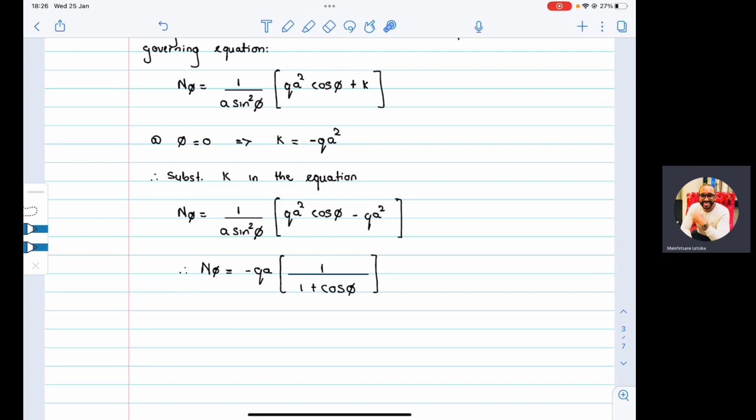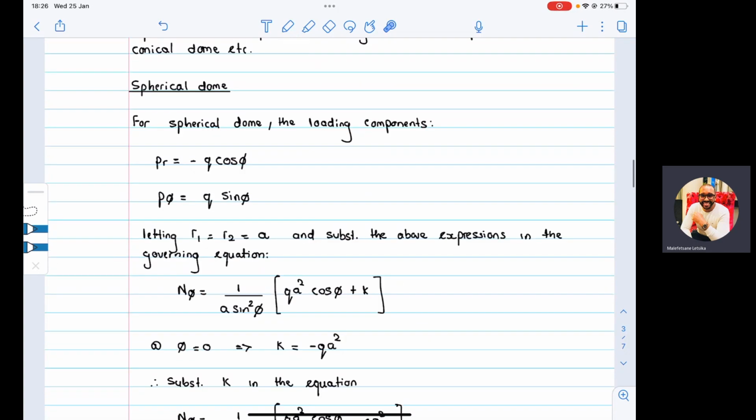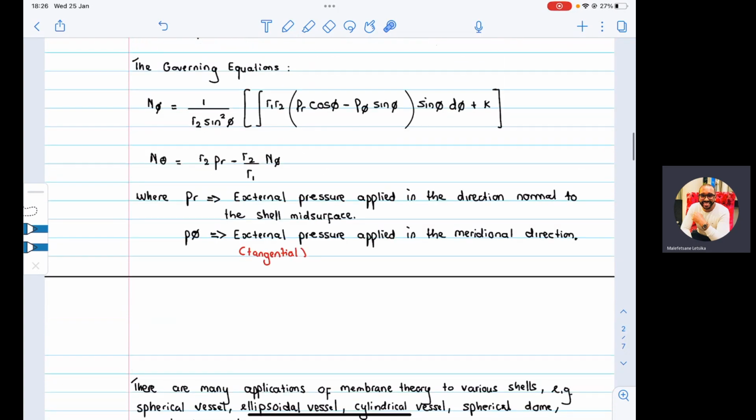That's where you get to use quite a bit of it here. So this is the resultant equation that you get for the meridional stress. And of course, this you can substitute in your hoop stress equation to get your hoop stress expression. Okay.